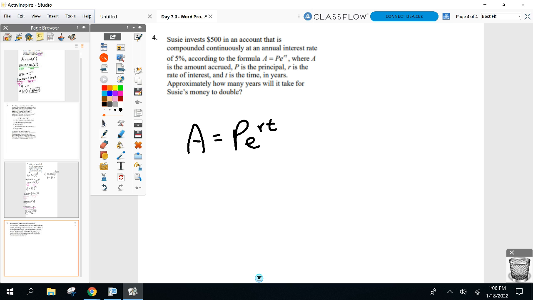Well, where am I plugging the 500 in? 500, that's her initial amount, P, principal. Meaning then, what should I plug in for A, if that's where I want to end up? I don't have another money amount up here.